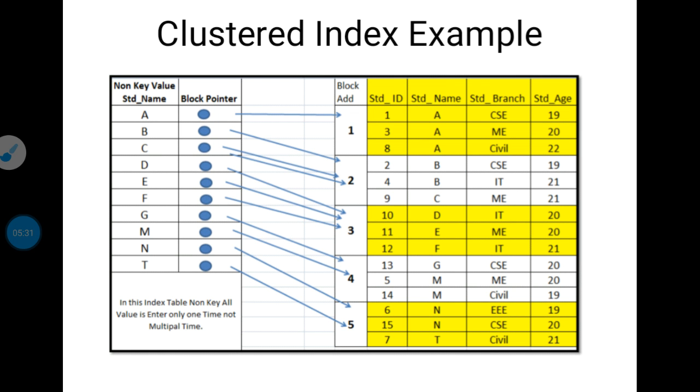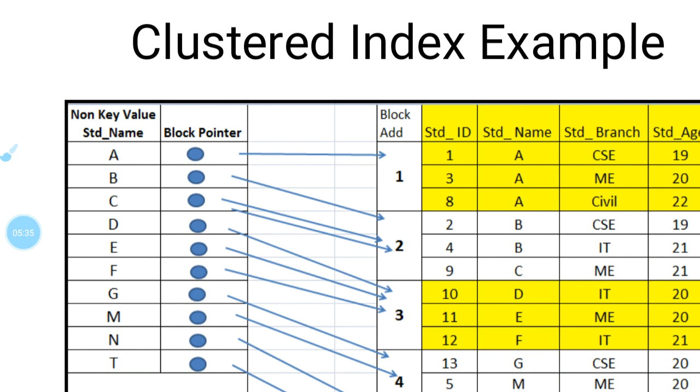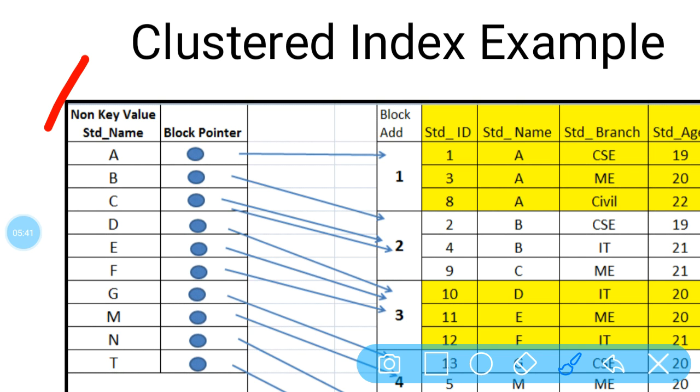Now come to the cluster indexing. As we already know, any indexing has two very famous attributes: number one is the search key, and number two is the block pointer. The block pointer points to the block address where the searchable data is located in the physical memory storage.